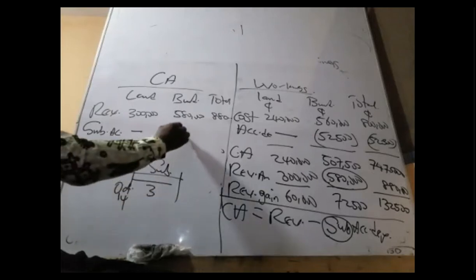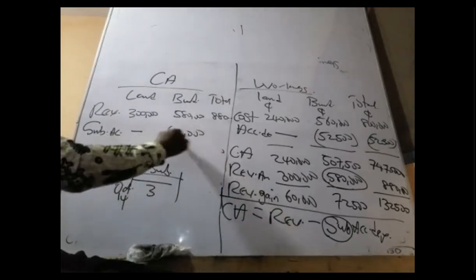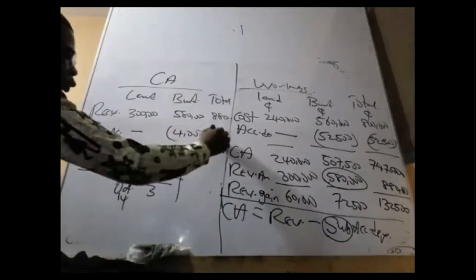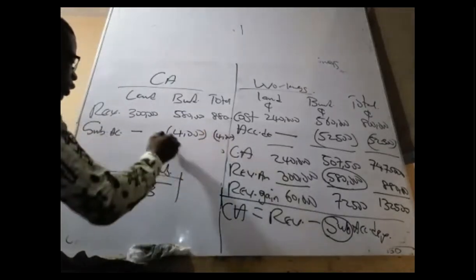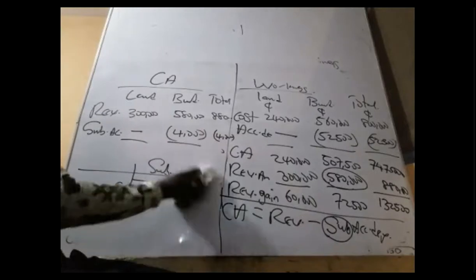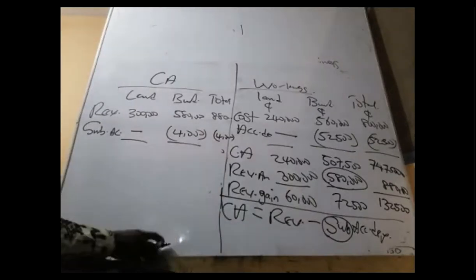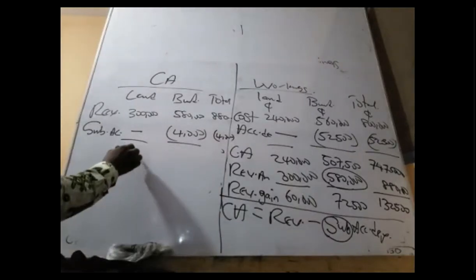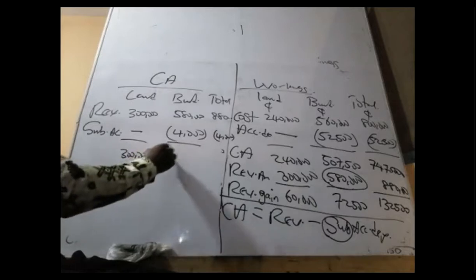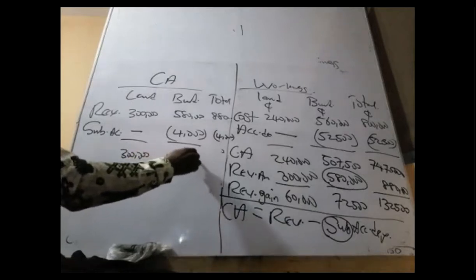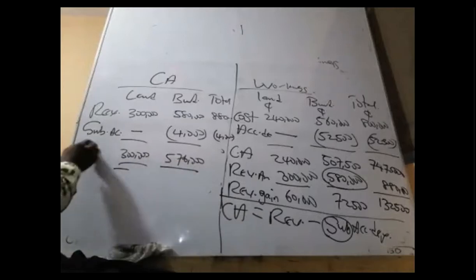That one is 4,000, so we can only subtract 4,000. Therefore, the carrying amount will be 300,000 and 576,000. And that's the end of the game.